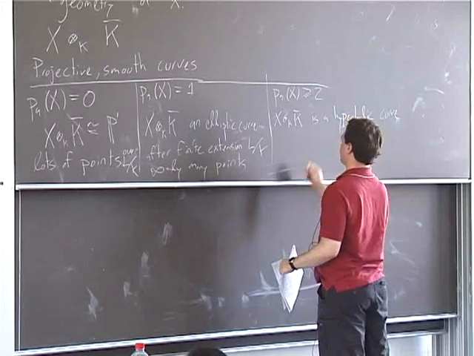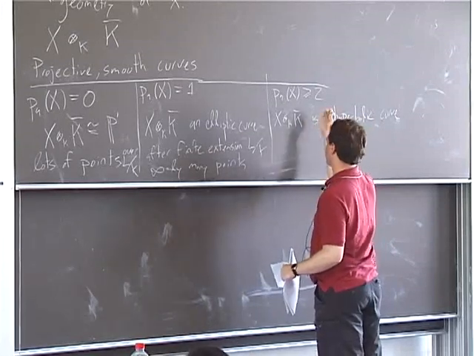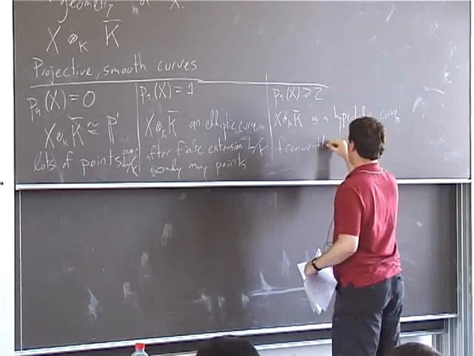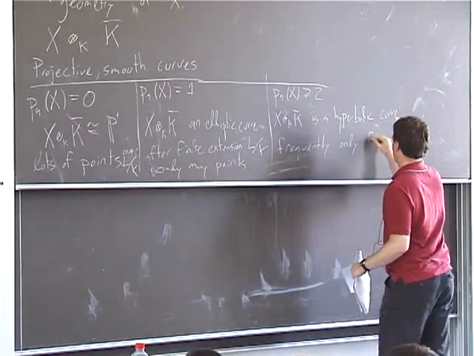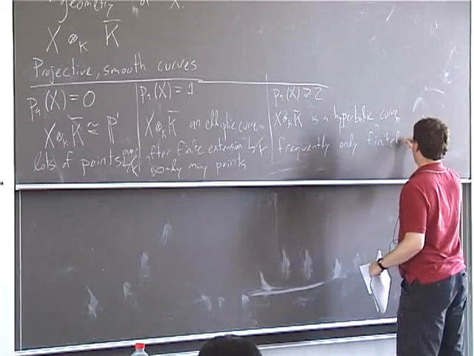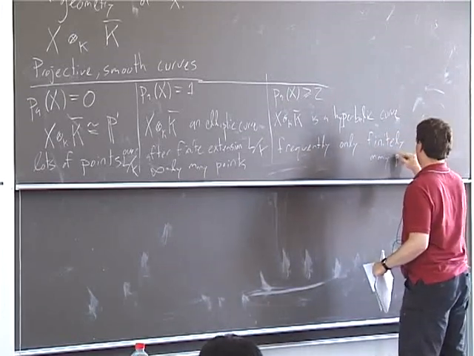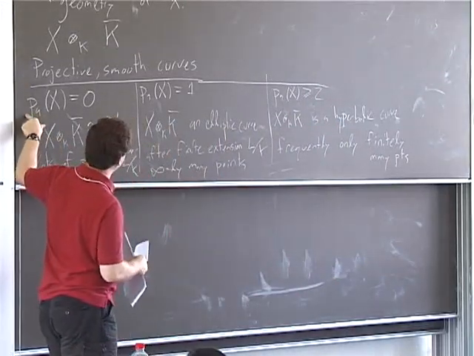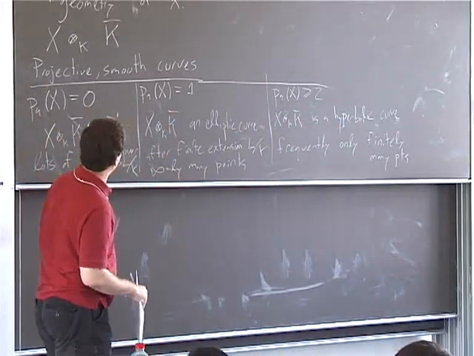And then in this case, frequently, for instance, if you're working over a number field, there are only finitely many points. So this geometric feature, the arithmetic genus, is implying something about points.